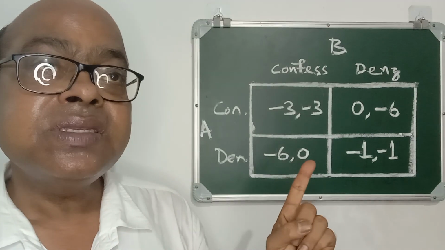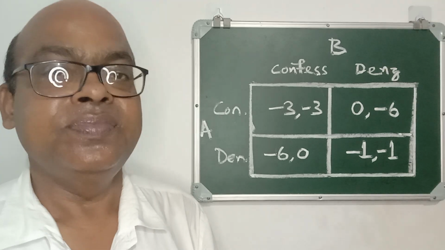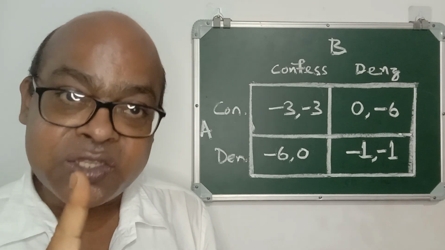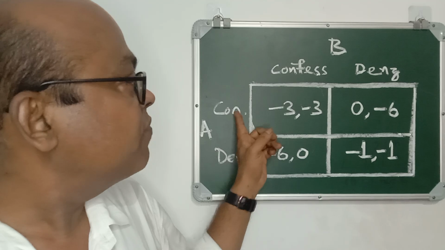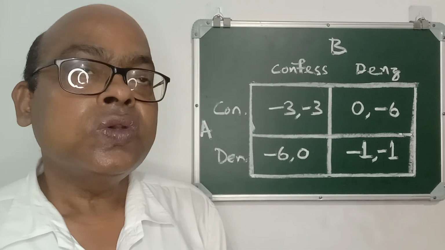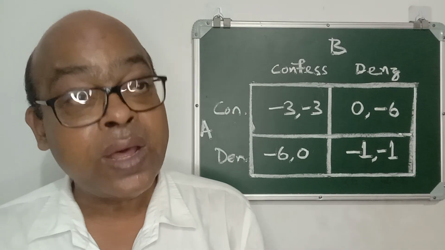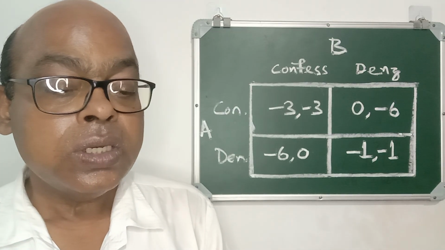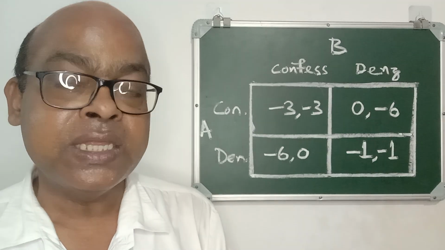So whether the game will be played one shot or repeatedly, that is the question. If it is a one shot game, then they may go for either confess or deny. If the game is going to be played just one time, that is called a one shot game.